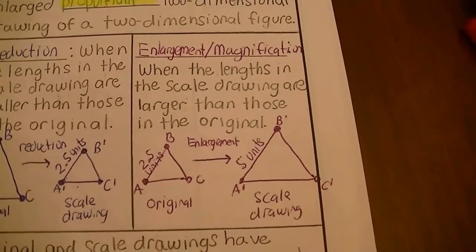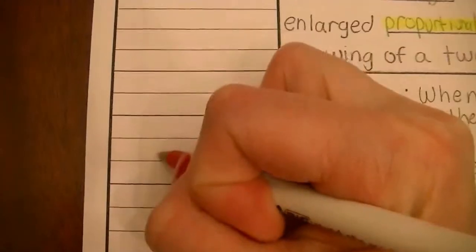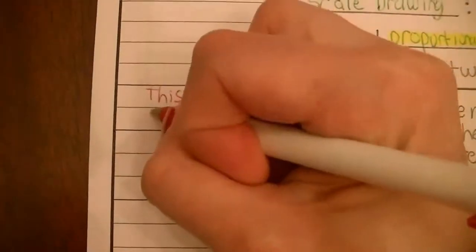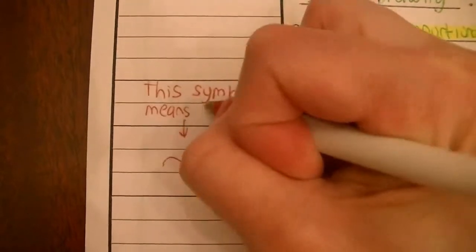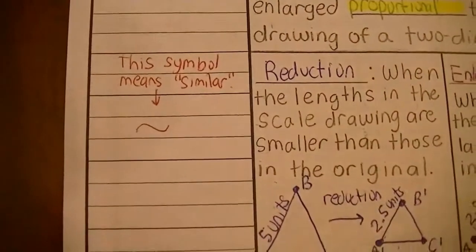And remember that the symbol that means similar looks like this. Okay, that's a symbol that means similar. Okay, and scale drawings are similar to the original.